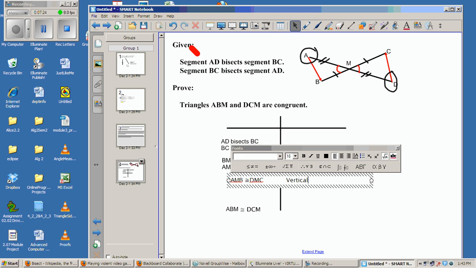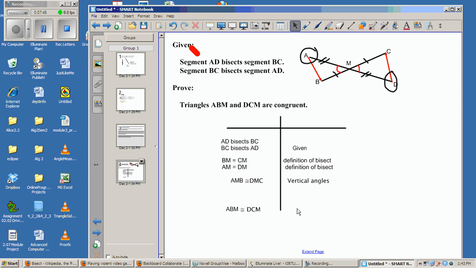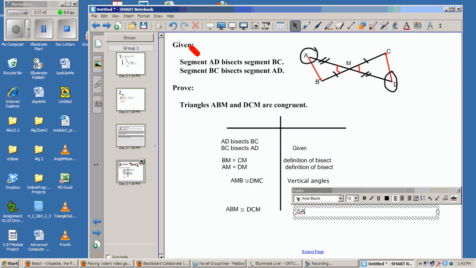They're kitty corner from each other. Then I see I have a side, an angle, and a side. That's the same as a side, the angle, and the side of the next triangle. So I can say that triangle ABM is congruent to triangle DCM because of side, angle, side.